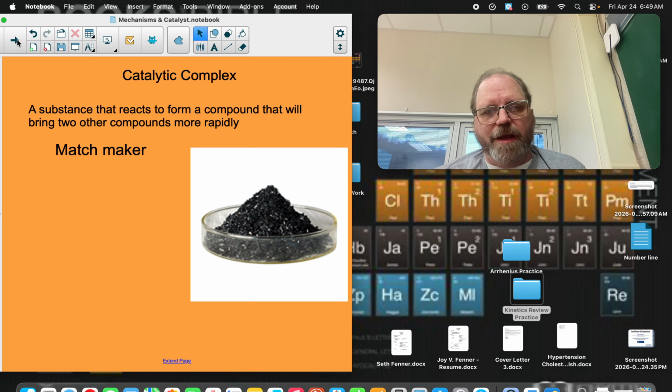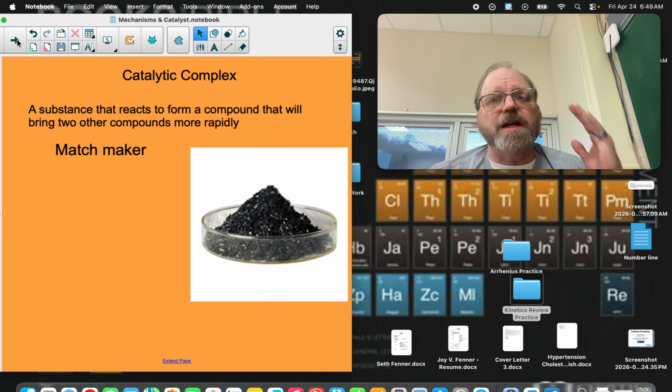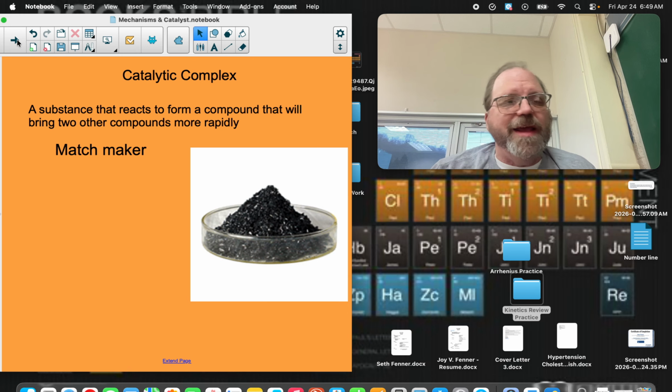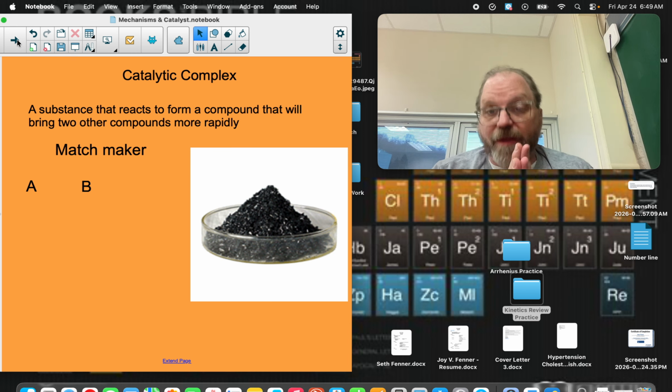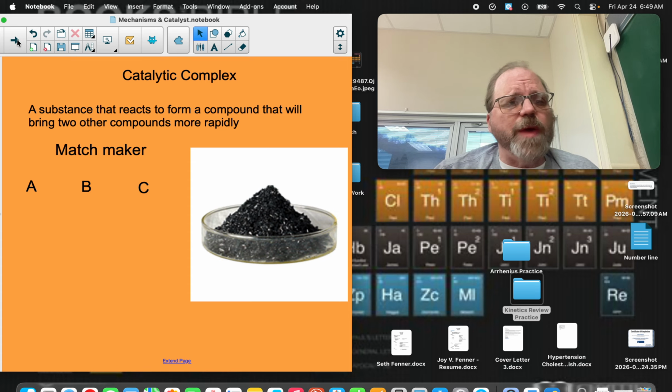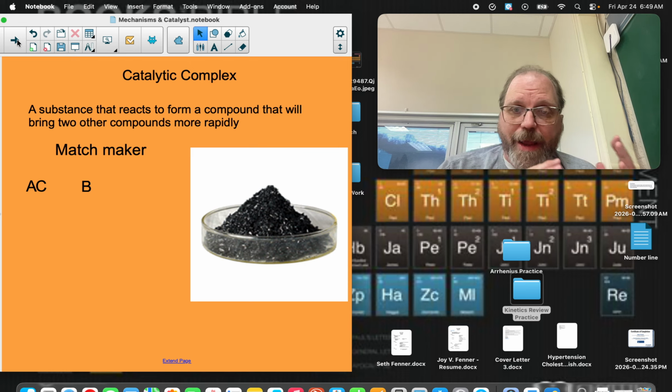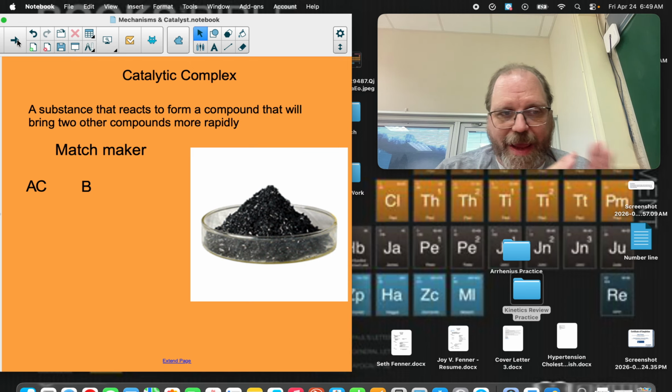Have you ever seen Fiddler on the Roof? Matchmaker, matchmaker, make me a match. All right, here's what we have going on. We have two reactants, reactant A and reactant B. We want to bring them together, and they will come together, but it's a very, very slow process. What we do with the catalytic complex is we have another catalyst, catalyst C. Catalyst C quickly reacts with A. We form a complex substance AC.